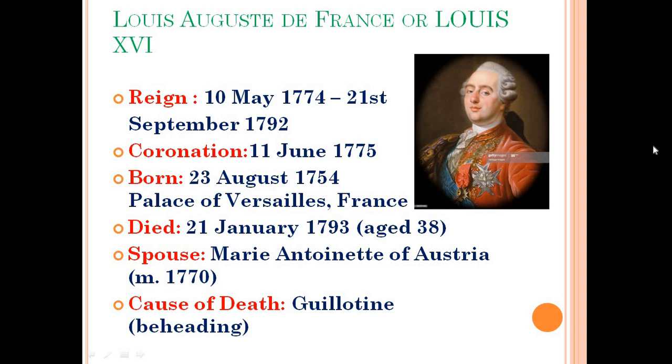Let's take a little information regarding Louis XVI, the person who was in charge of France during the French Revolution. His reign started in 1774, and it continued up to 21st of September 1792.